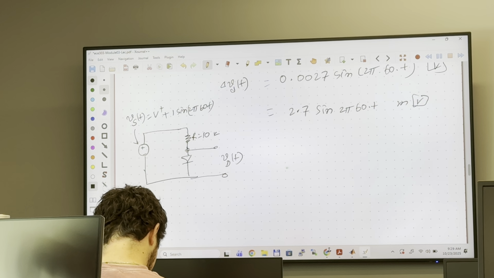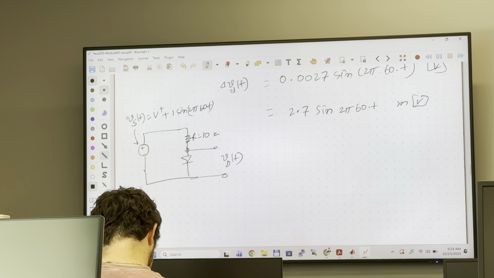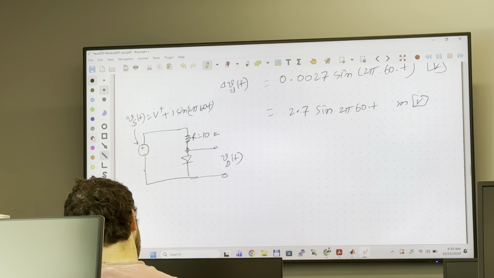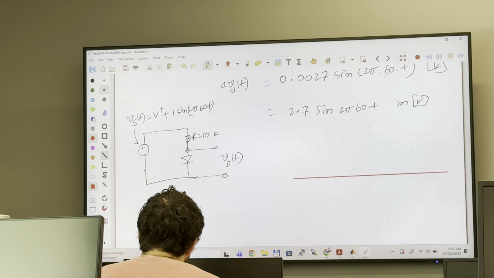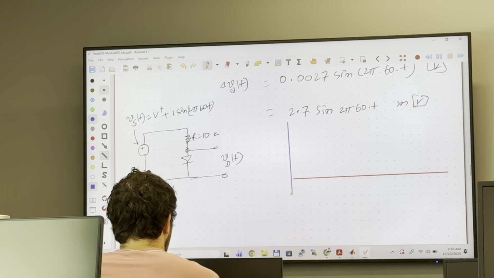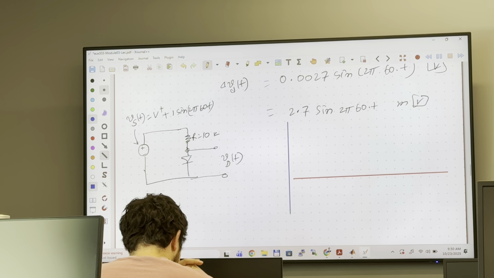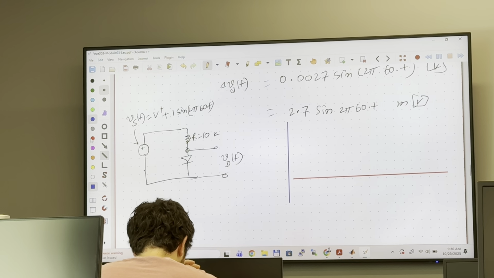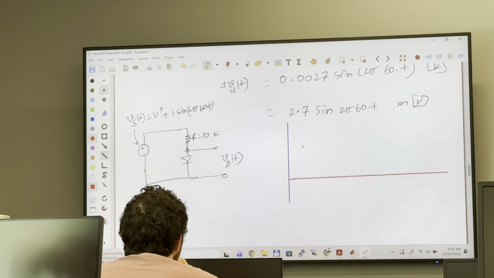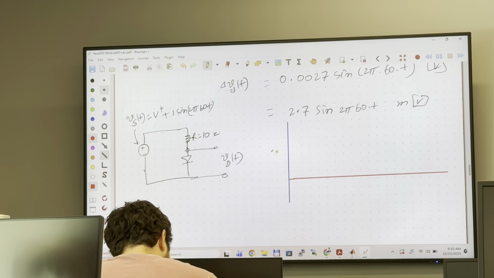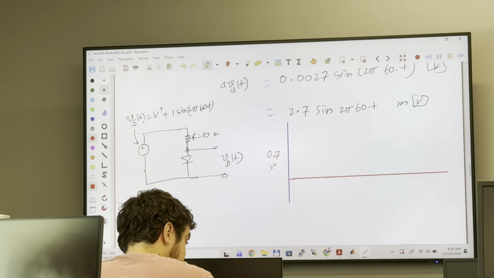So this vd, if you plot it, with the x-axis and y-axis, is going to be 0.7 volt. 0.7 volt is going to be right here.